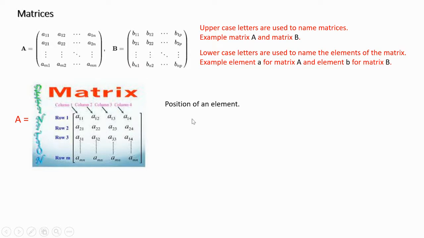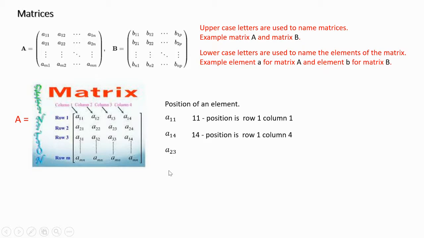As for the position of an element, a11 means the element is in row 1, column 1. Position a14 means row 1 again, and column 4.